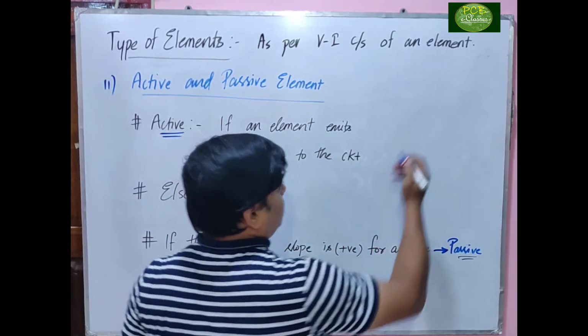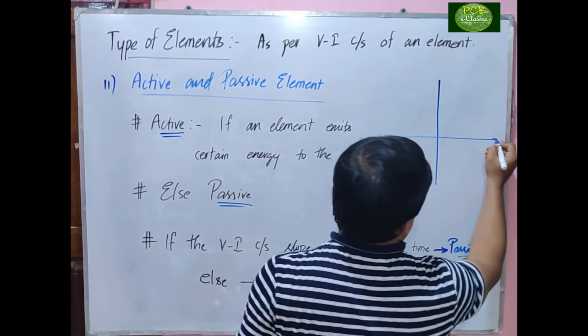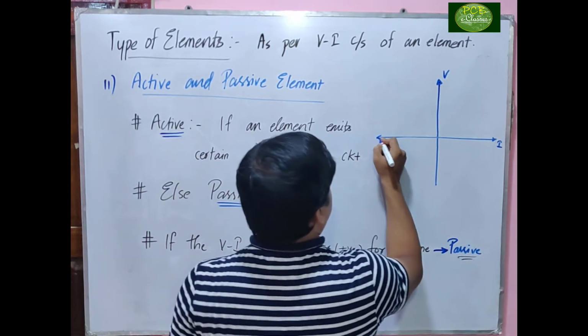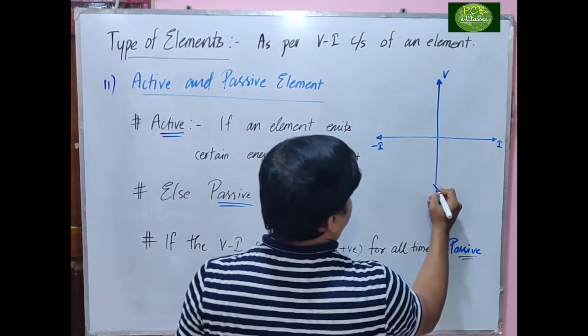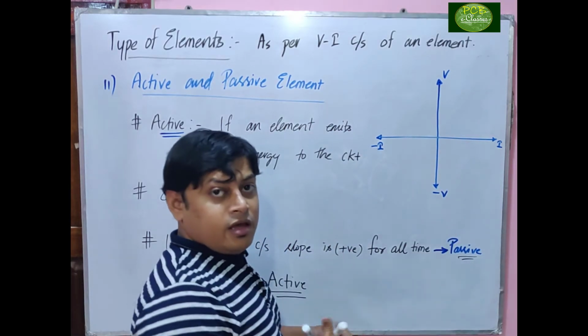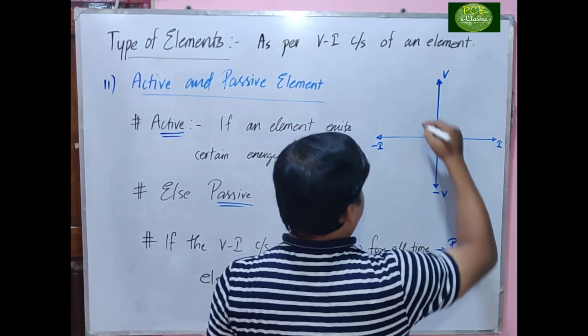We will see with an example. If I take a VI characteristic, this I, this V, this minus I, minus V, right? This type of characteristic is there.